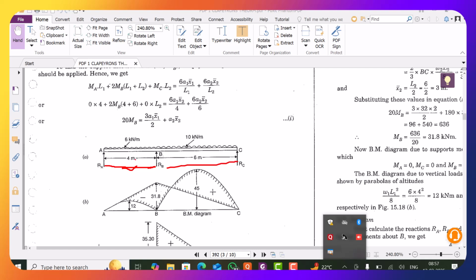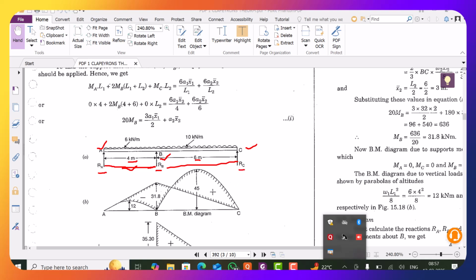The length of the first span is 4 meters, the second span is 6 meters, and this continuous beam is supported by three supports at A, B and C. As you can see here, the reactions offered by these supports are indicated as RA, RB and RC.